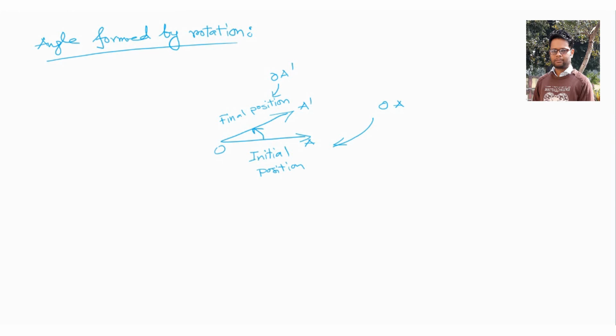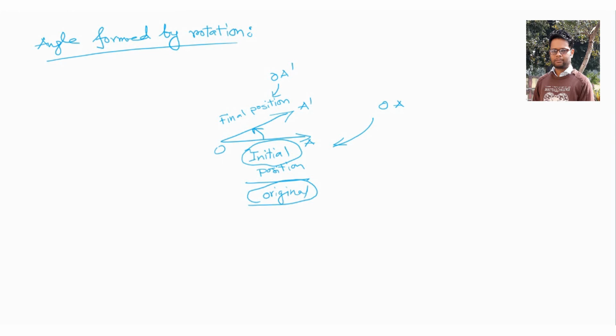So consider a ray OA rotating about its end point O. End point is O. OA is the ray's original or initial position. As OA rotates about the fixed point O, it attains several positions before it returns to its original position.